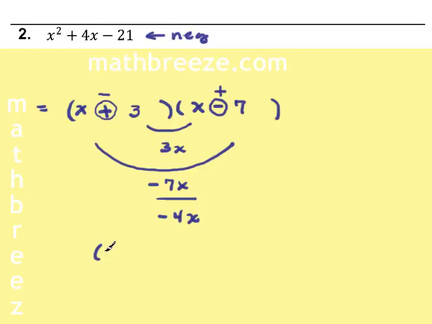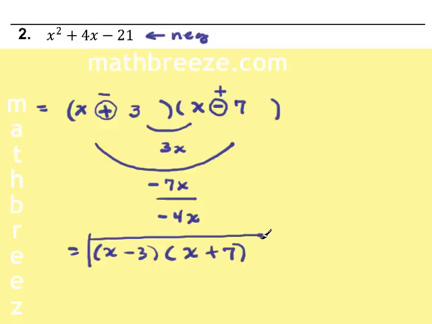So the correct factorization is x minus 3, x plus 7. Again, when we get the same number but with the opposite sign, just switch from a plus minus to a minus plus.